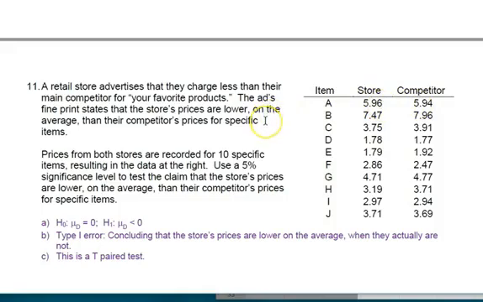That means that these are paired samples. For our hypotheses, we have the mean of the differences, so the mu sub d. Since the claim is that the store's prices are lower, then we want to make this a less than. A type 1 error would be concluding that the store's prices are lower on the average when they actually are not. Since we had paired data, then this would be T-stats paired in StatCrunch.